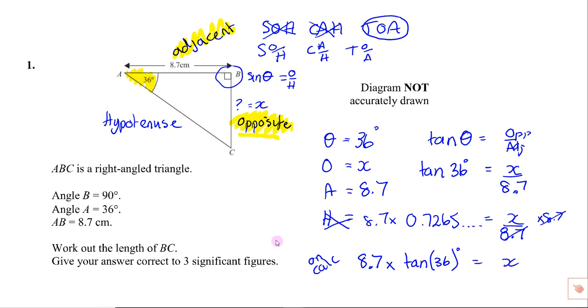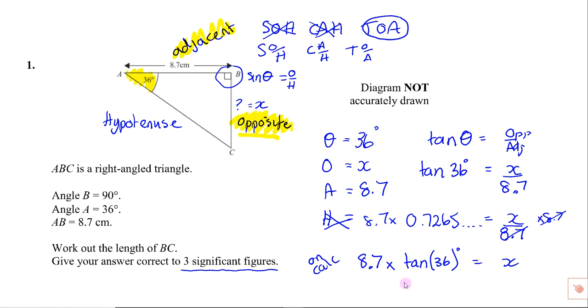And then you only have to round at the end to 3 significant figures.